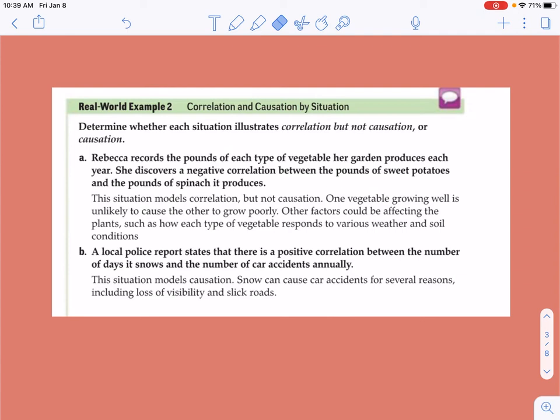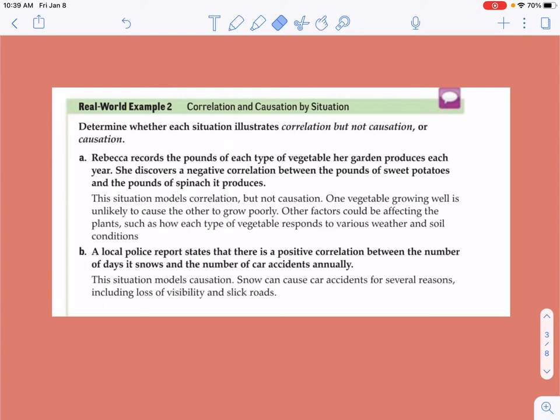All right, and then it gives its answers for this. And if you think about that, there's so many other factors at play that could affect that, right? It could be that maybe, it's assuming that you're growing the same number of each, right? Maybe it has to do with the weather, right?